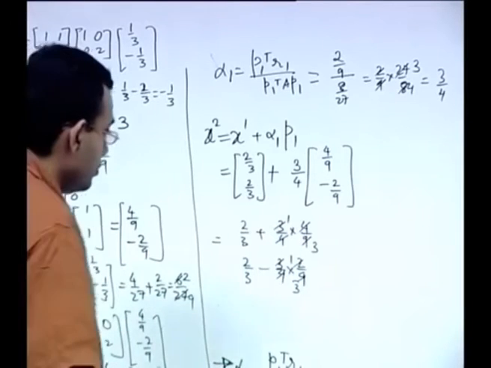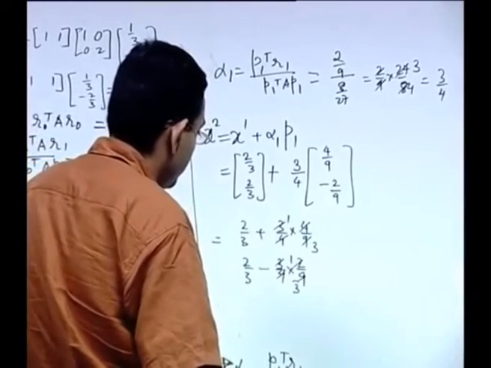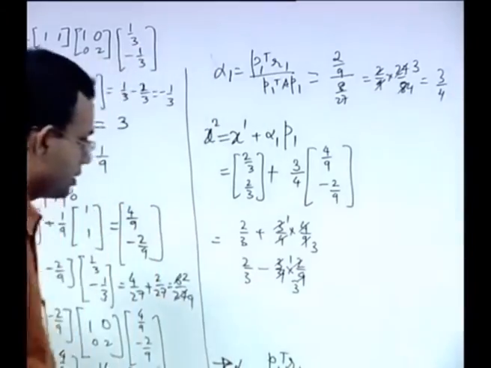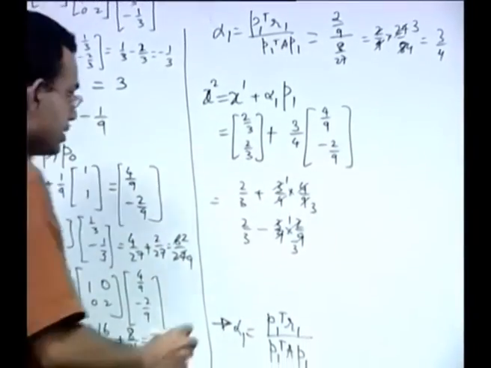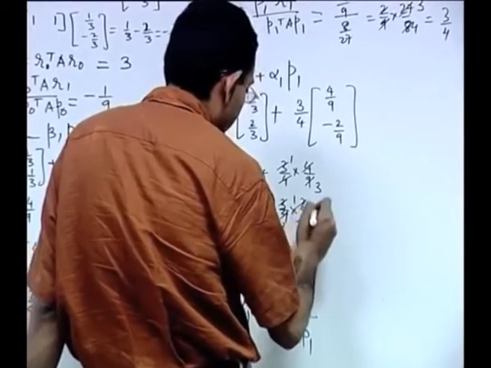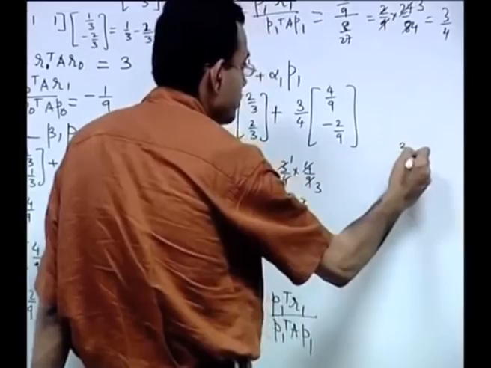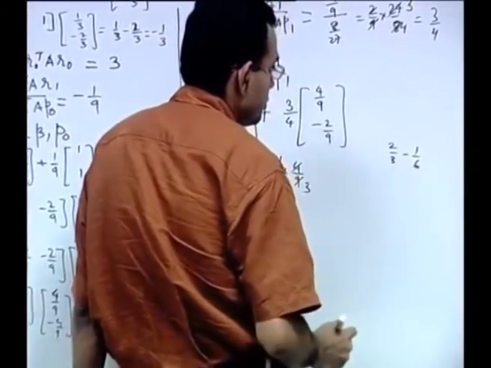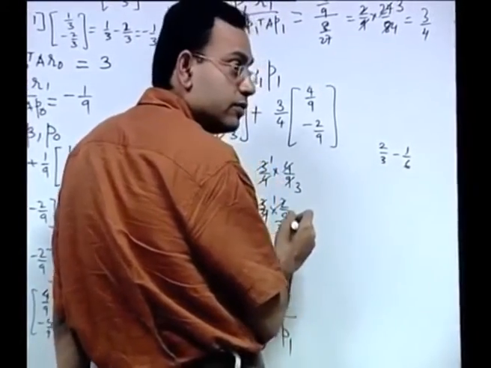2 by 3 minus 1 by 6. So that is equal to half, right?